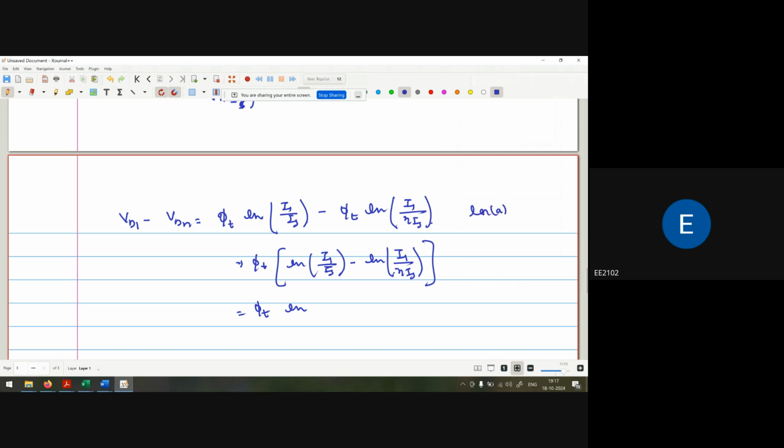Ln of A minus ln of B is ln of A upon B. So I1 upon IS divided by I1 upon nIS. So IS and I1 cancel out, and we get phi t ln n. That is VD1 minus VDN.